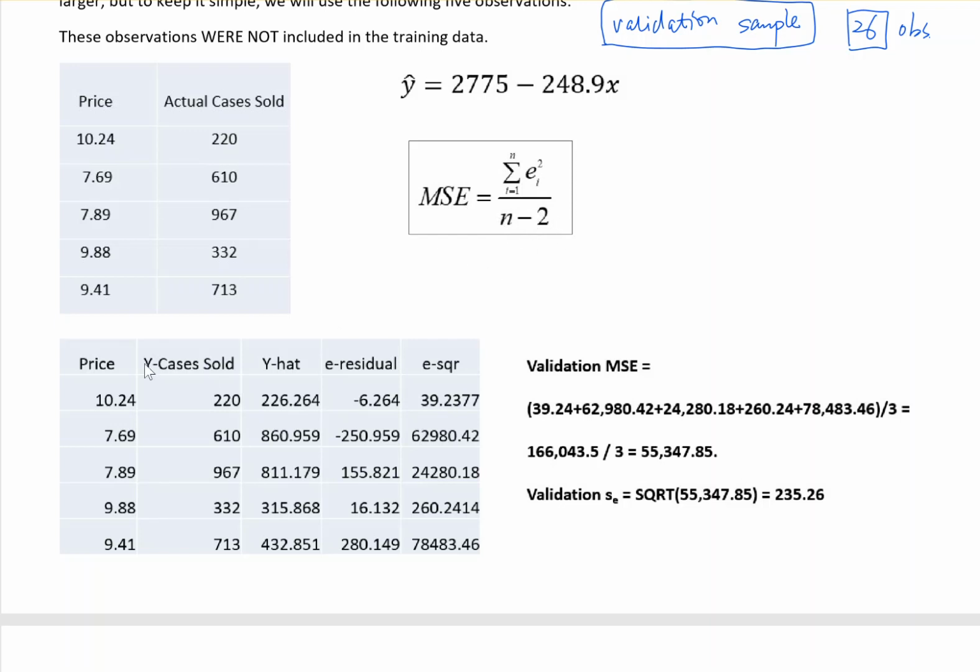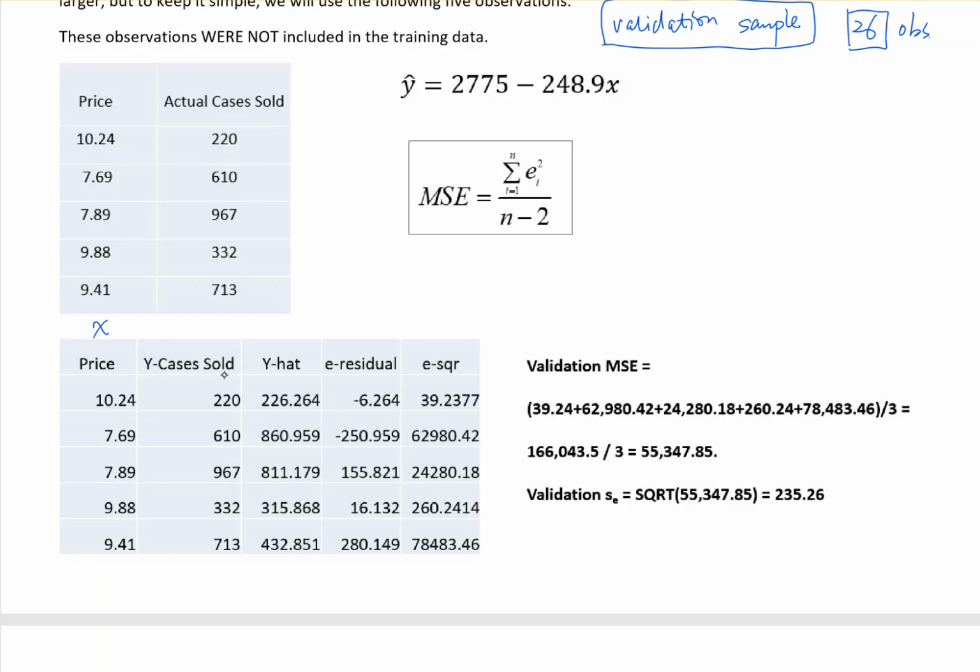All right, so now let's use this Excel table to show how to get it. First, what is the price? This price is X. What is the Y?